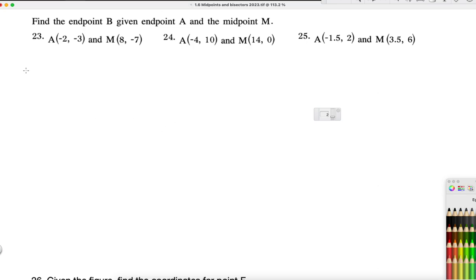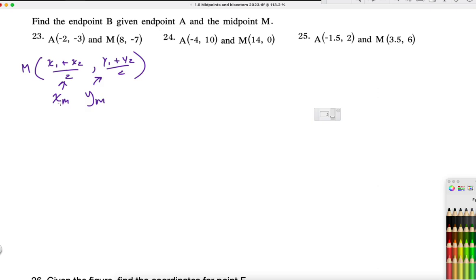So what we did before here is we used this formula to find the midpoint. And I'm just going to say that this value right here was the x-coordinate for the midpoint. And then this one was the y-coordinate of the midpoint.